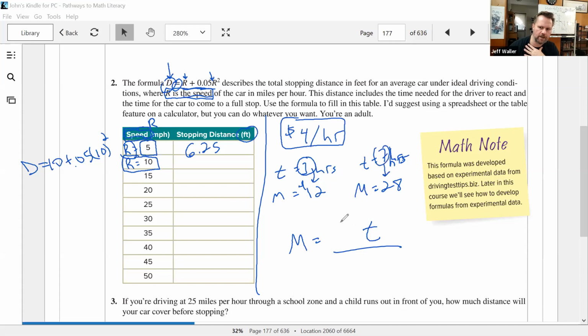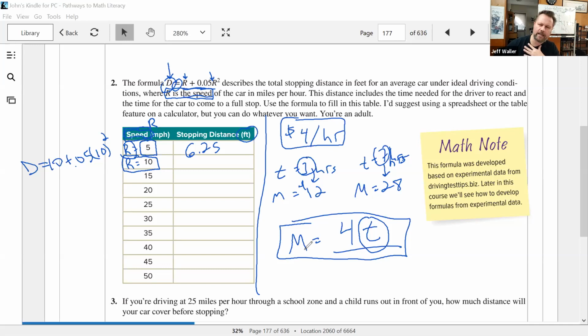Multiply by 4. So this equation, this formula is mathematically capturing the idea of what I would do if I knew how long I had worked. I would just multiply that by 4. So my input would be time worked and my output would be money made, which makes sense.